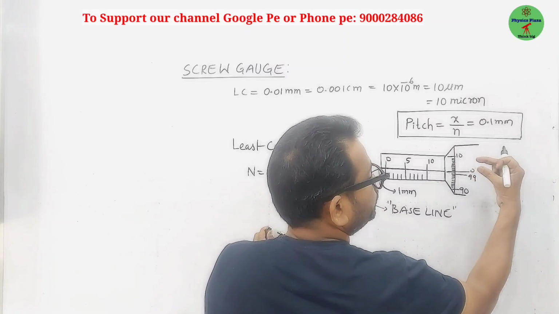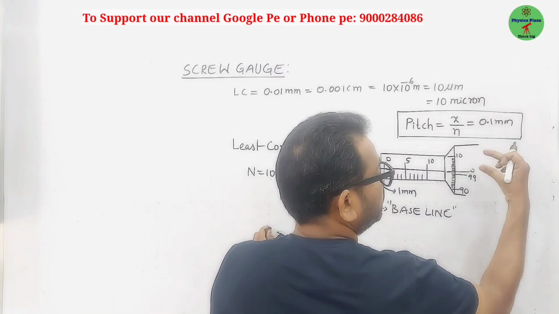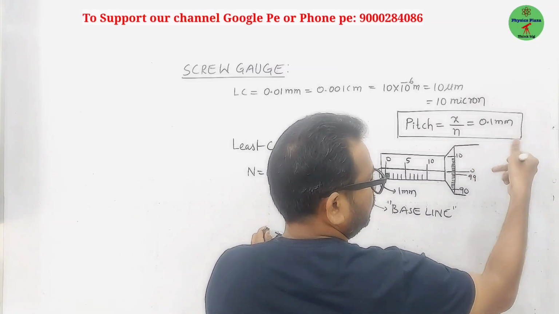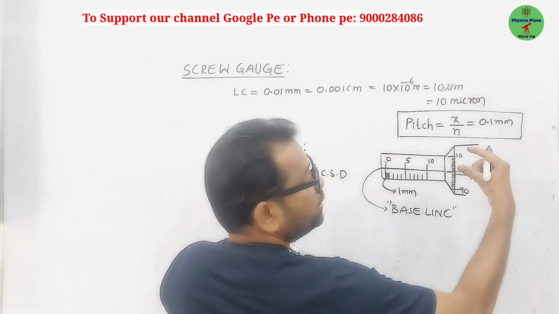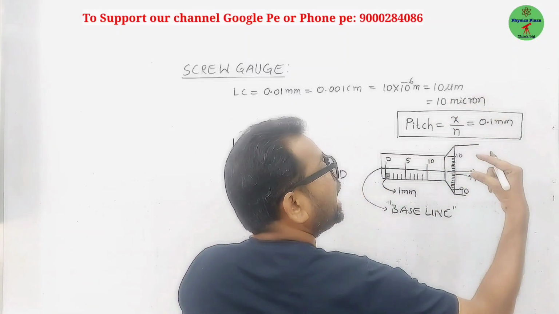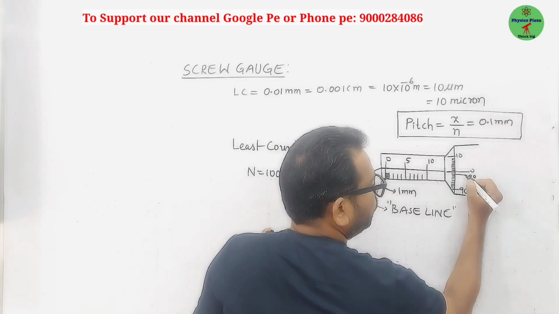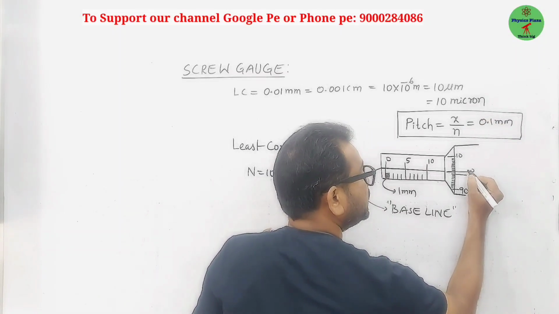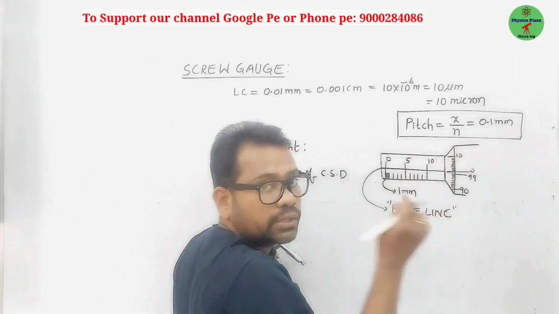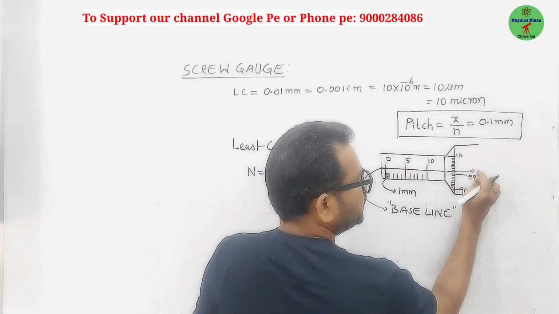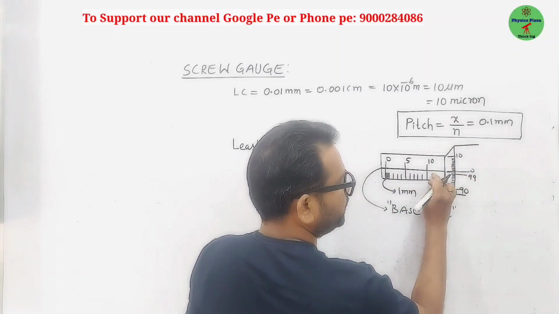Now I am going to rotate the thimble of the screw gauge so that the circular scale also rotates, right? But I don't want a complete rotation. I will make sure that only one division of the circular scale rotates. Now the 0 coincides with the baseline of the main scale, right?